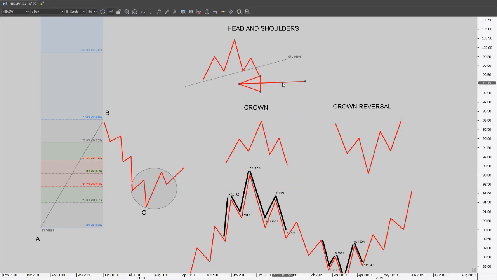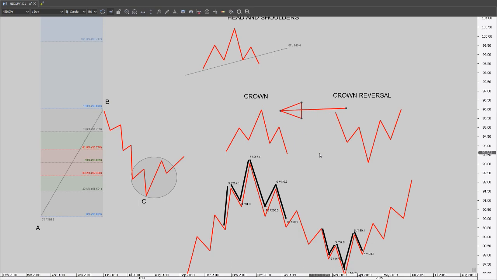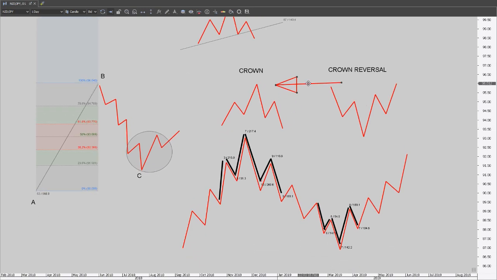Why is that? Well, the shoulders of the head and shoulders are generally in the same area, so you cannot predict the potential reversal. But with the crown you can, because one specific of the crown is that we have the left tip, right, the center tip, which in a crown must be the highest high, and then when the center tip closes, we have, look here everybody, the lower low.